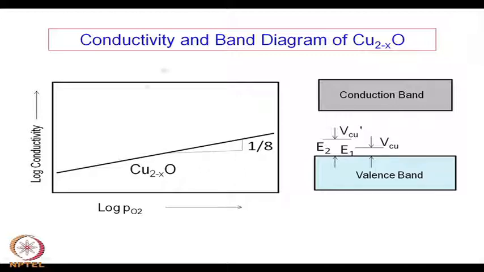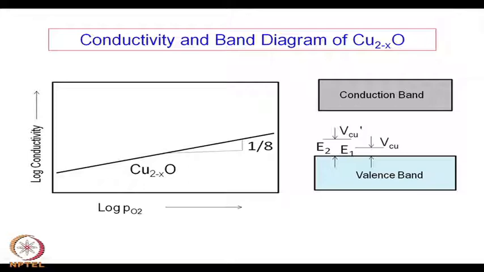Now, in that context, these have been discussed earlier, but I will just give you some examples. For example, Cu2-xO, that means a cation vacancy. Copper here is monovalent, and because it is a cation vacancy, it will be a p-type conductor. If you plot log conductivity against log PO2, you have a positive slope, in this case 1/8.